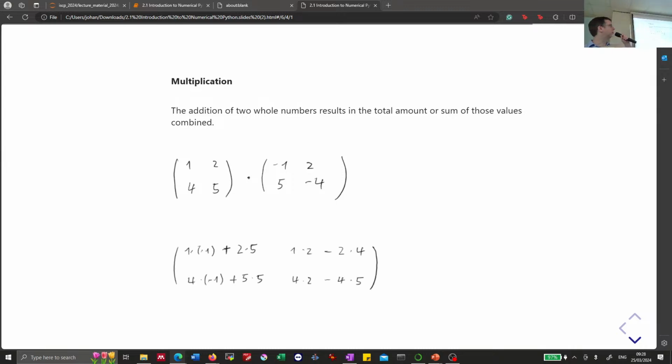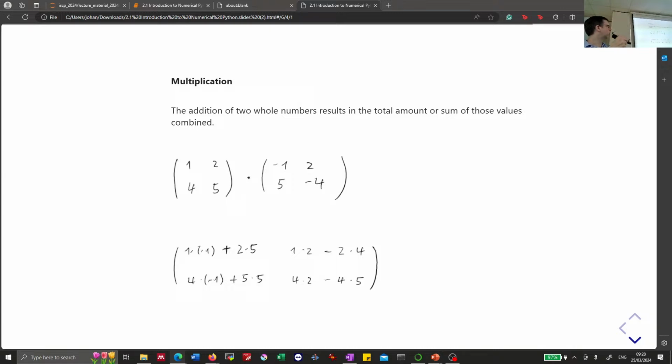Okay, so anyhow, I think I know how this goes. I take this number here, 1, I multiply with -1, and then I add 2 multiplied with 5, and I write this in the top left. And then I go to the 1 times 2 plus 2 times -4, and I write this in the top right.